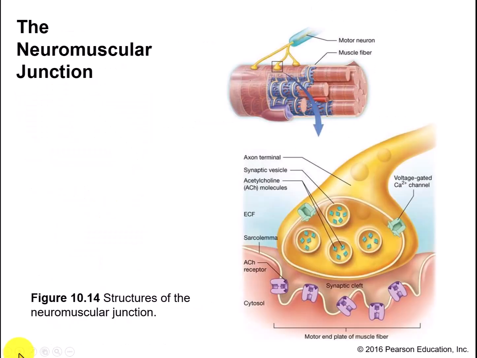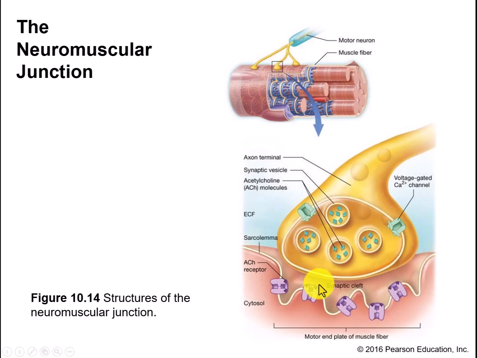All right, so let's look in more detail at our neuromuscular junction. So we have the axon coming in. It terminates in a terminal, so we have our axon terminal. The axon terminal is filled with synaptic vesicles containing the molecule acetylcholine. Embedded in the axon terminal are these voltage-gated calcium channels. The axon terminal comes into close proximity but never touches the actual sarcolemma of our muscle fiber.